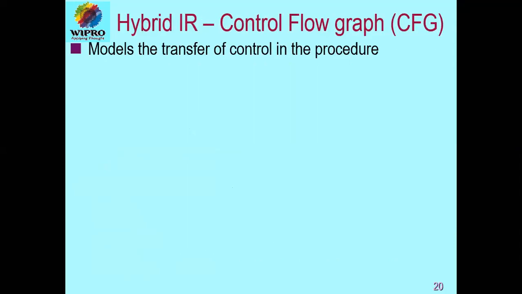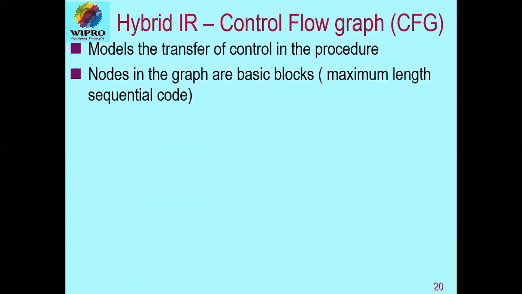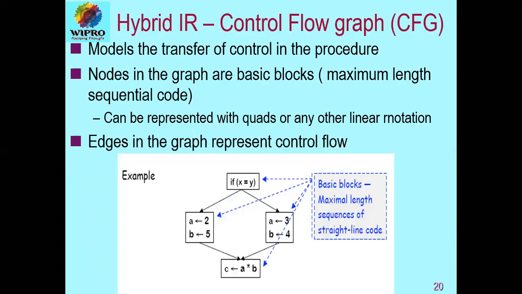So these are the three types of representation. Then the hybrid, that is the control flow graph, looks something like this. Each of them is a block. A block is a section of code where the control enters at the beginning and leaves at the end. For example, if it is a loop and the loop condition is true, then we enter into the loop and only leave the loop at the end of the statement.